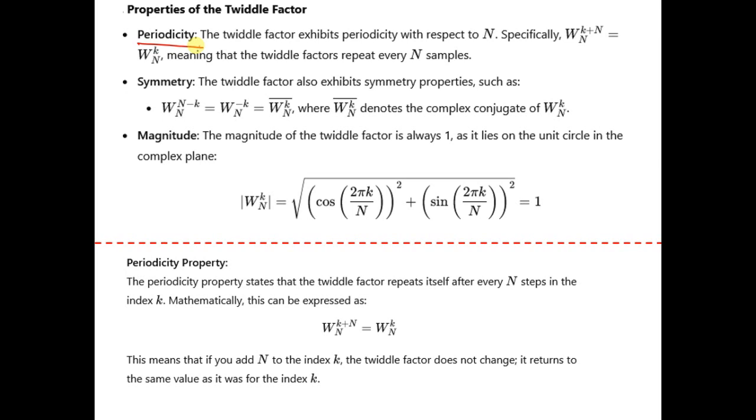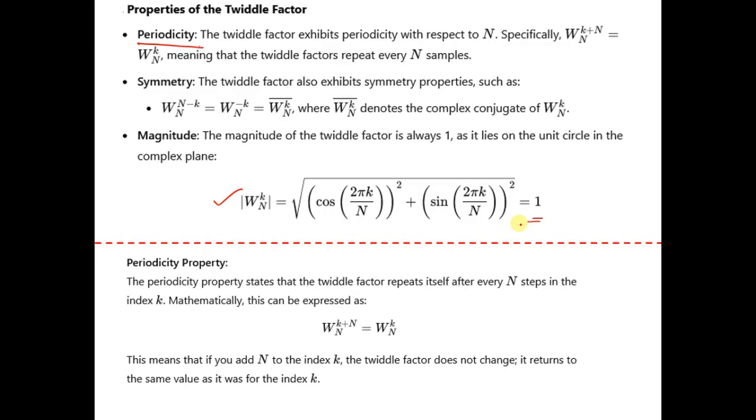Due to that, there would be periodicity. Then symmetry: the values of the twiddle factors will be symmetric in nature. Then the magnitude of the twiddle factor. Just now I told you, the magnitude would be the square root of cos squared theta plus sin squared theta, and it gives you 1.